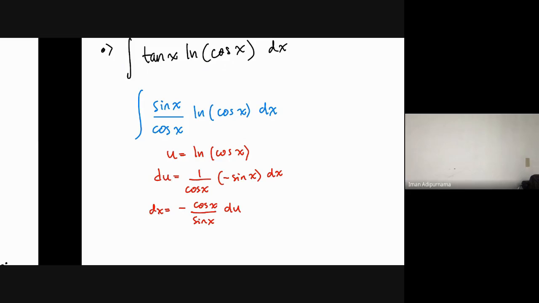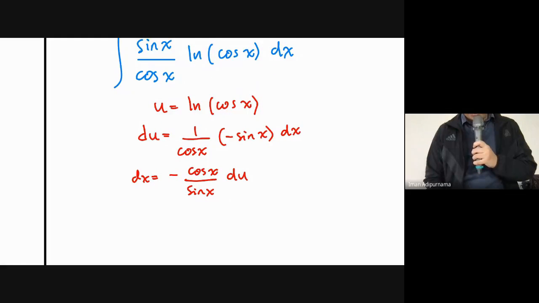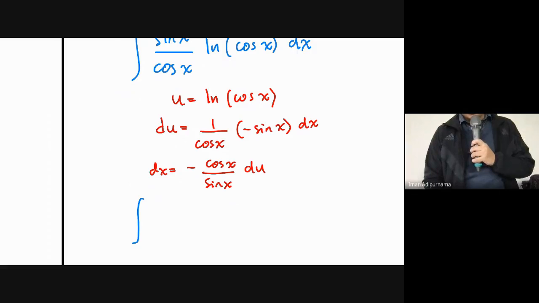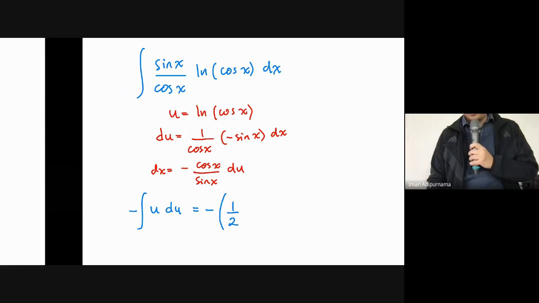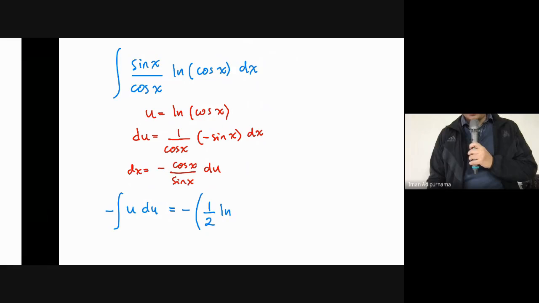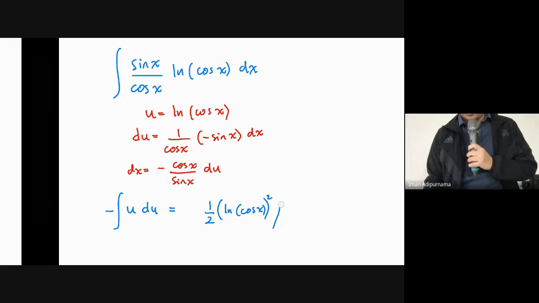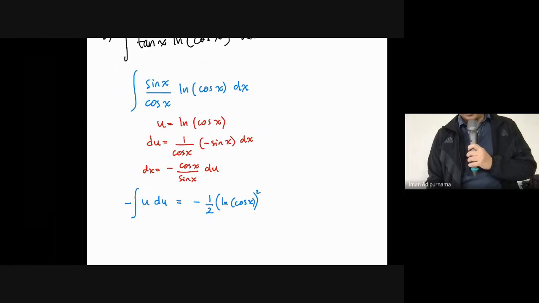Substituting this into our original equation, it will be the integral of minus u du, which is negative, and this becomes one half. u is ln cosine x, so negative one half times ln cosine x squared, plus a constant.